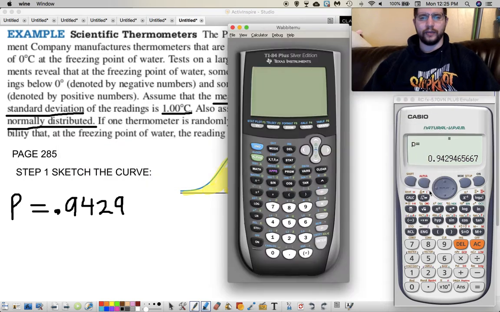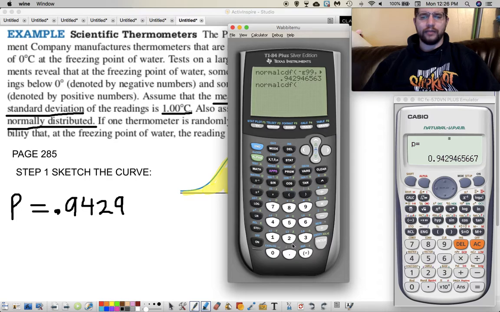Let's try the TI. So what you're going to do is you're going to go to second, VARS, and you're going to hit number 2, normal CDF. For me, it brings up this menu. For you, it's going to just pop this on the screen. So I kind of did it already earlier.